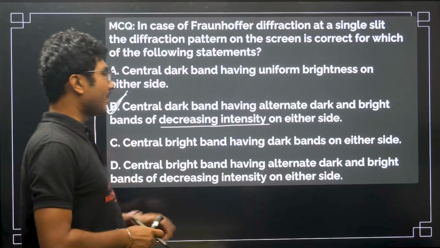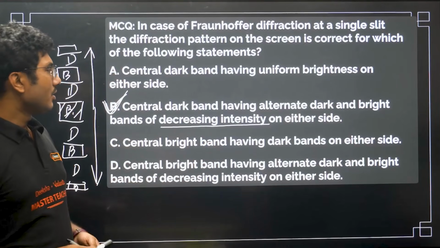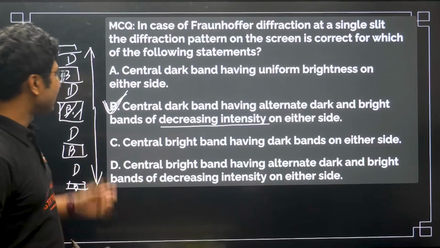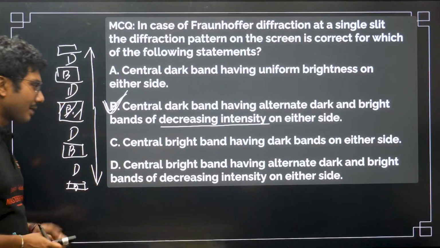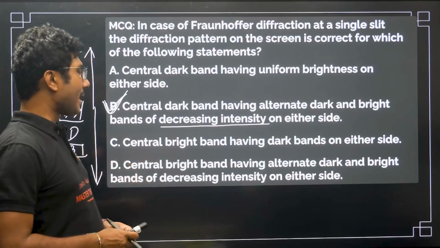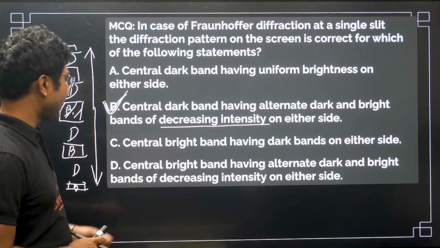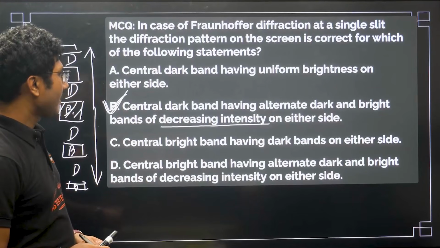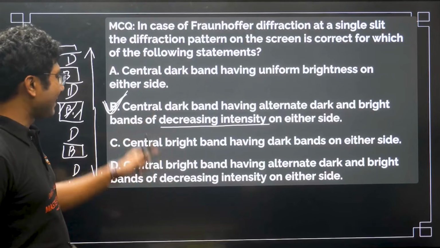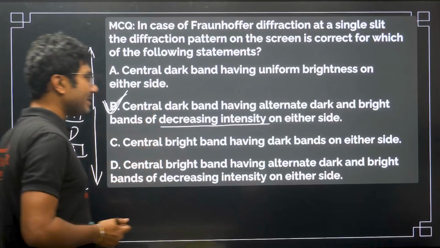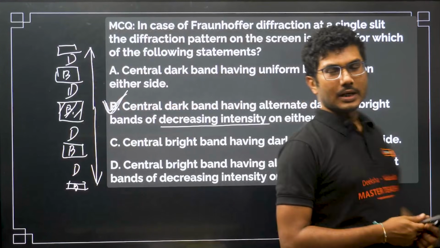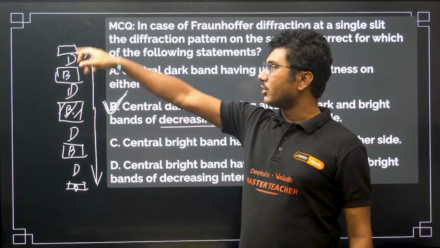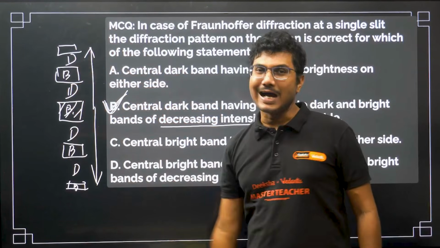Central bright band having alternate dark and bright bands of decreasing intensity on either side. This is also correct. Both are the same statements. One of them should have been increasing and one decreasing, but both statements are the same. Next: alternate dark and bright, not only dark.